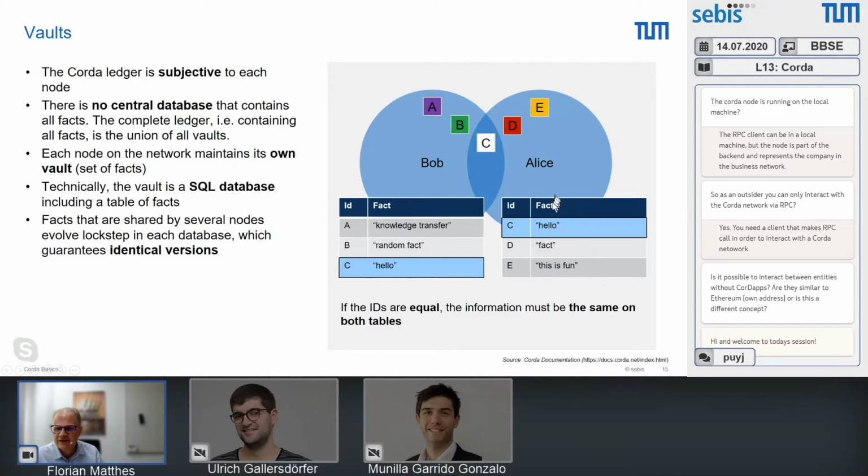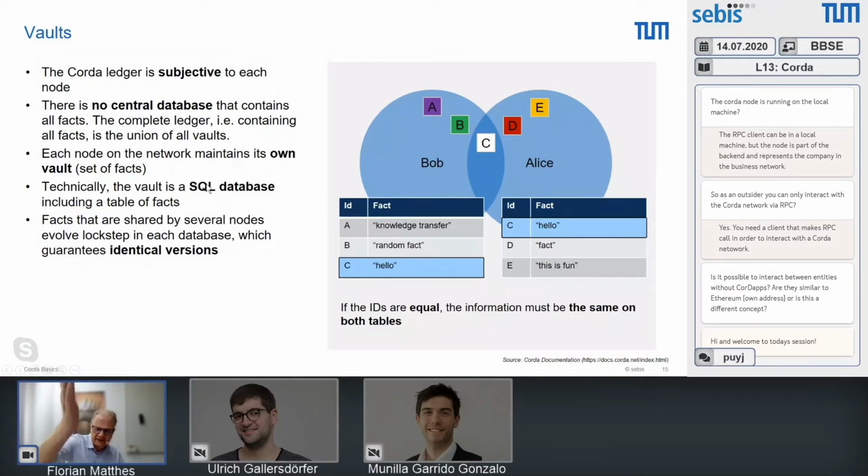But if you have shared facts, the system makes sure that the shared facts between these vaults with the same ID also have the same value. That's the constraint: if the IDs of objects are equal, the information must be the same on both tables, or if it's three parties, on all three tables. Technically, it's also a SQL database, but it has a very encoded structure.